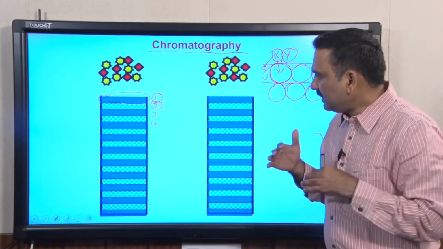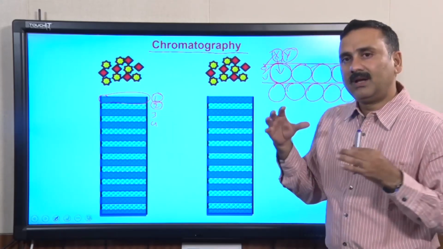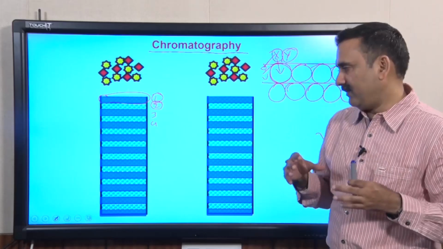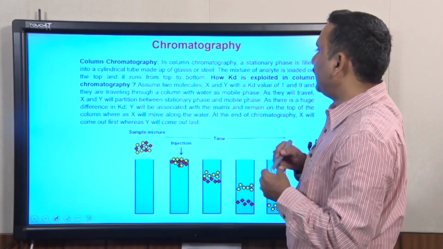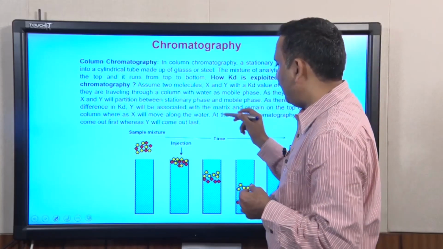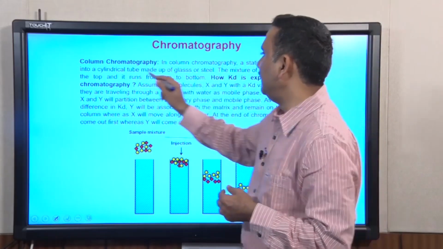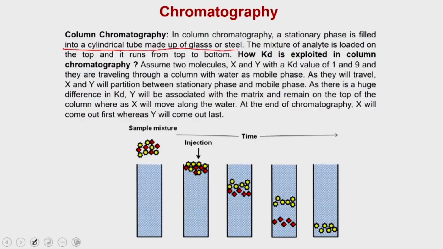Let us see how this is done in a real way. Imagine you have a column where the stationary phase is filled into a cylindrical tube made of glass or steel. The mixture of analyte is loaded onto the top and it runs from top to bottom.